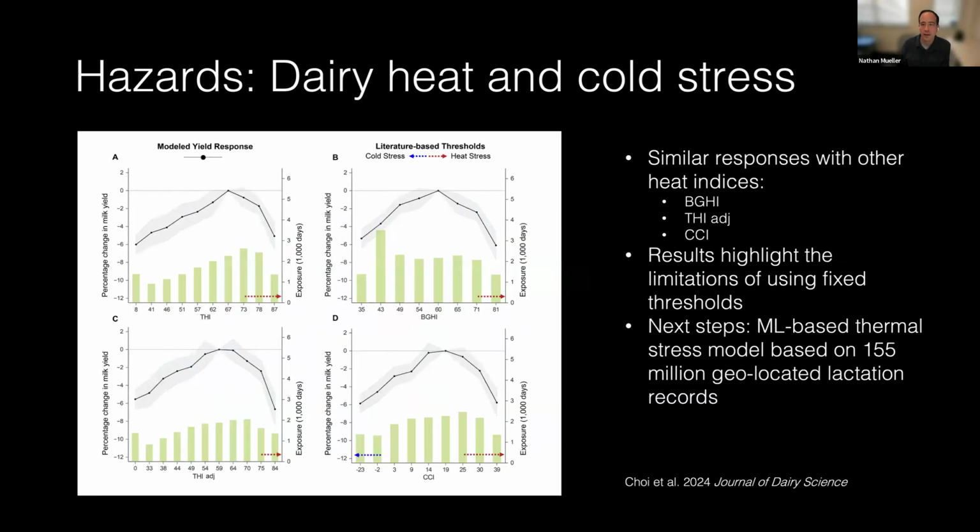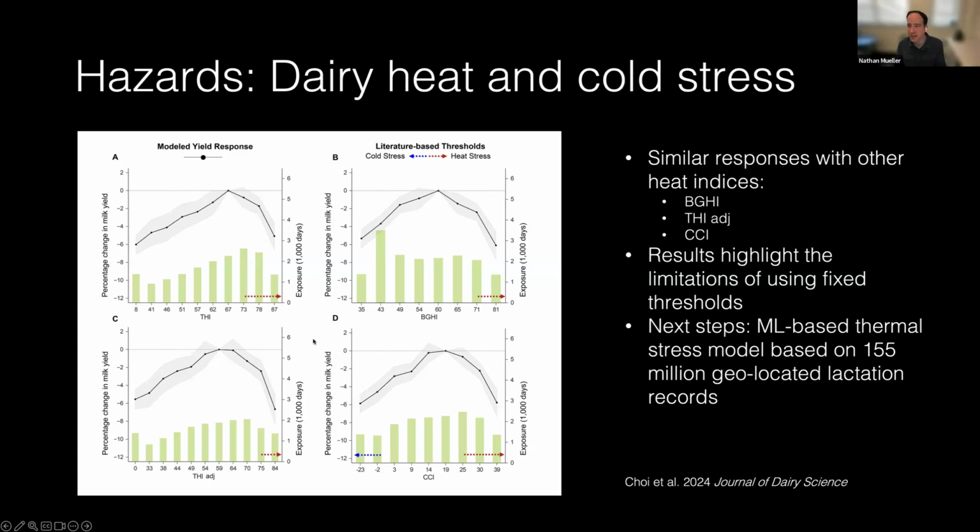And then in some subsequent work, we also looked at some different heat indices to see how stable this response was, and we found it was pretty well represented regardless of which index we used. Here's the THI, adjusted THI, CCI, BGHI.